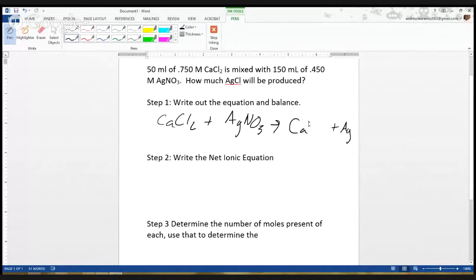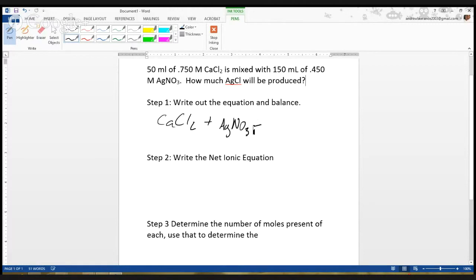So Ca(NO3)2 and AgCl, which we know how usually will work. Now, let me adjust this back for us. I realize it's a little bit difficult, but this makes a little bit more space for us to work.